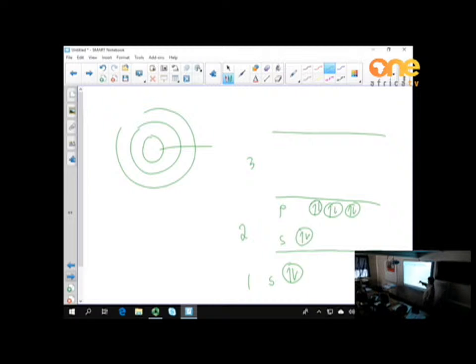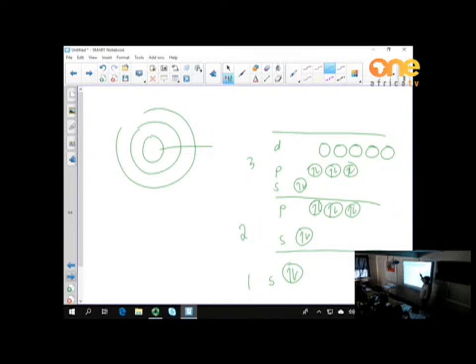Then we said the third energy level has got an s, 3 ps, and 5 d sublevels. So it's s, p, d. And once again, it first goes there and there, then it goes there, then it will pair off.